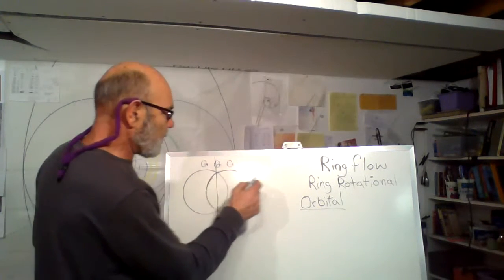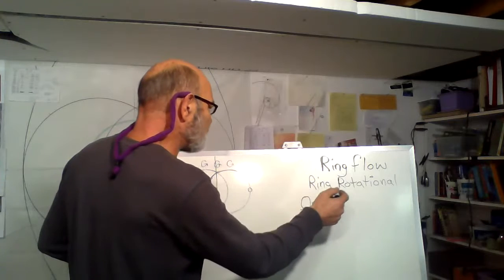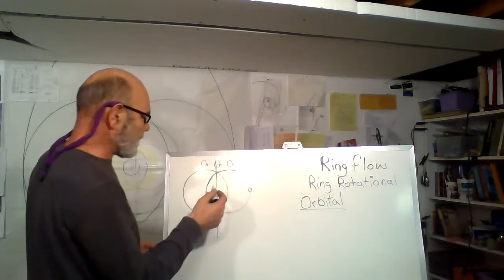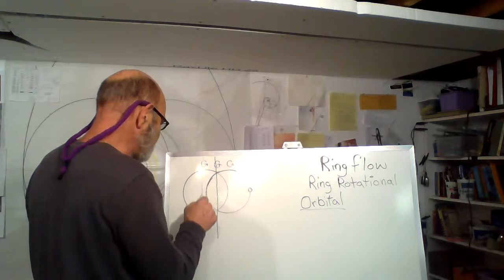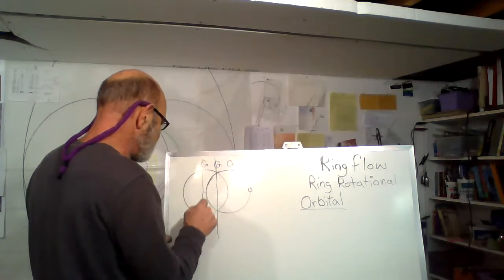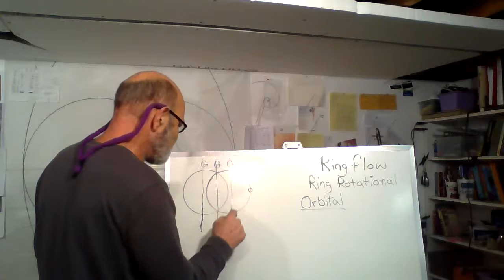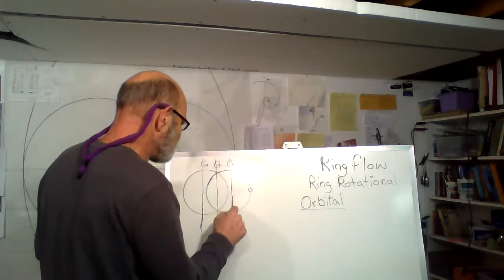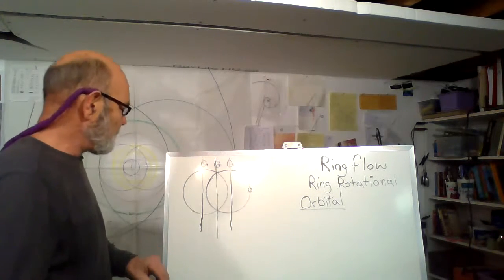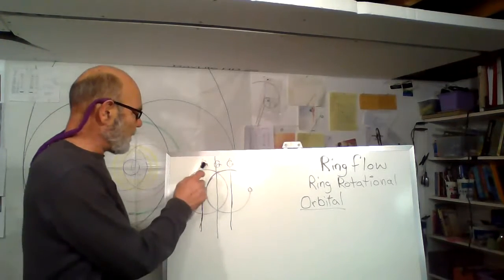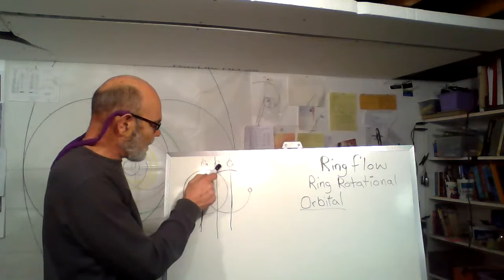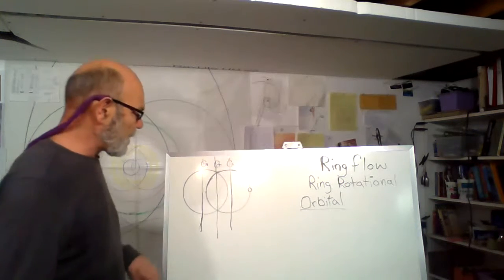And next we have ring flow. Now we'll do the ring rotation next. So I'm adding another axis to the diagram here. And in advance, I put an orientation correction.